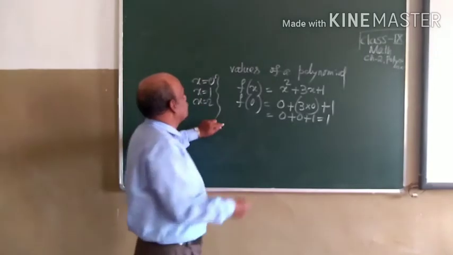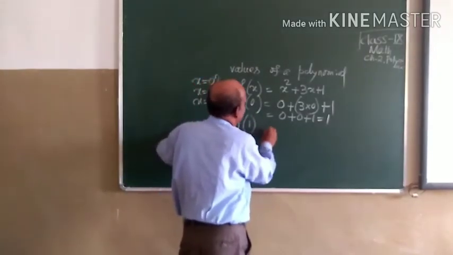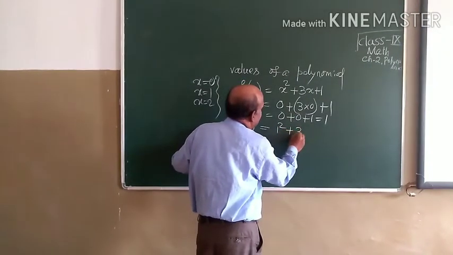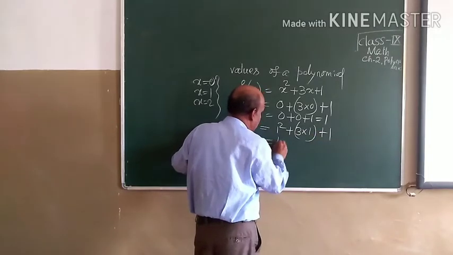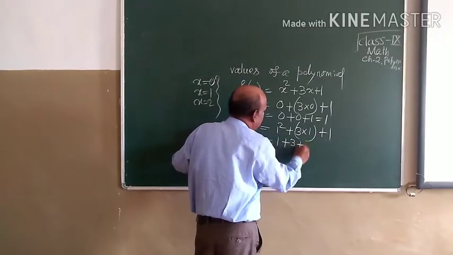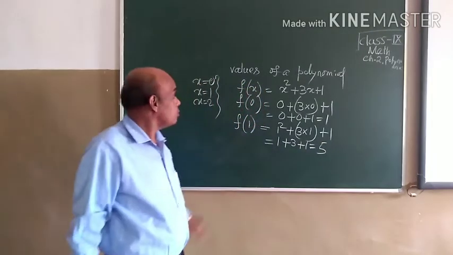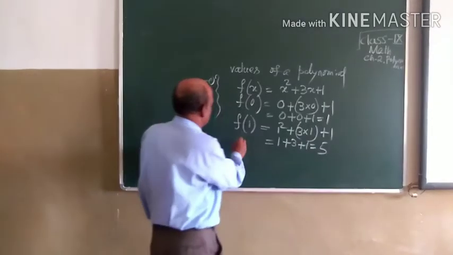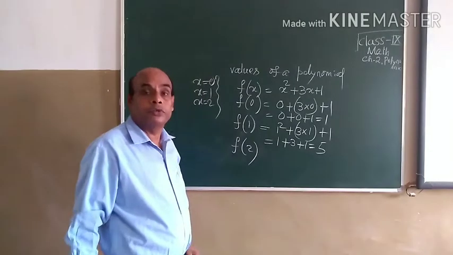Like this way, find the value of the polynomial when x is equal to 1. So I will write f(1) is equal to square of 1 plus 3 into 1 plus 1, that is equal to 1 plus 3 plus 1, which is equal to 5. Like this way, f(2), it means x value is equal to 2.